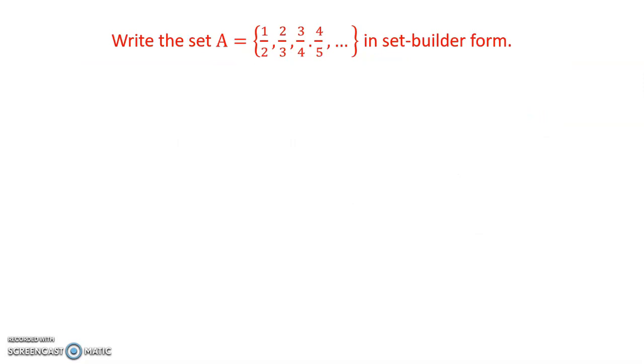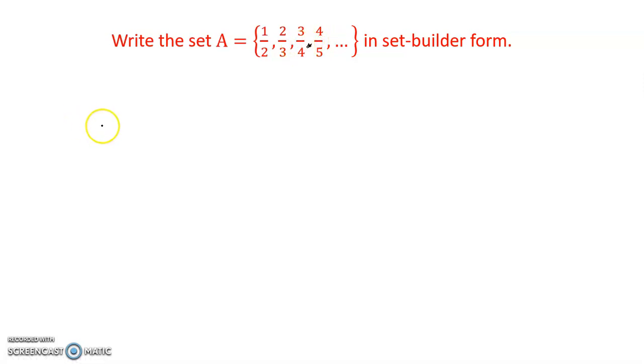Let's see one more example. Write set A is equal to {1/2, 2/3, 3/4, 4/5} in set builder form. If you see, the denominator is one number greater than the numerator, and the numerators are simply the natural number sequence.